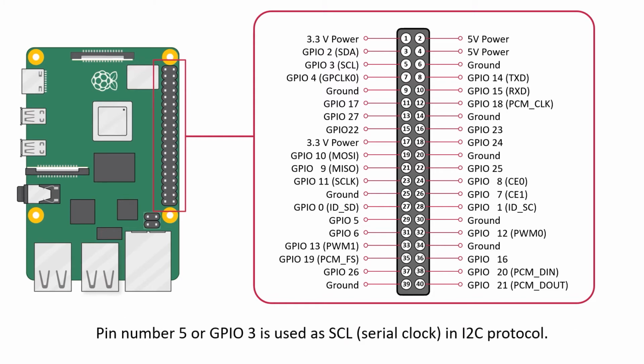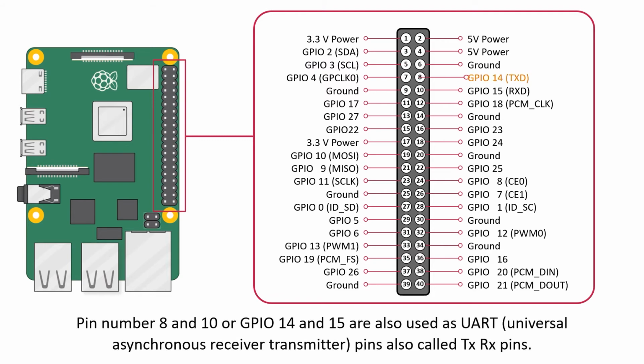Pin number 5 or GPIO 3 is used as serial clock SCL in I2C protocol. Pin number 8 and 10 or GPIO 14 and 15 are also used as Universal Asynchronous Receiver Transmitter, which has a short form of UART pins, also called TX-RX pins.